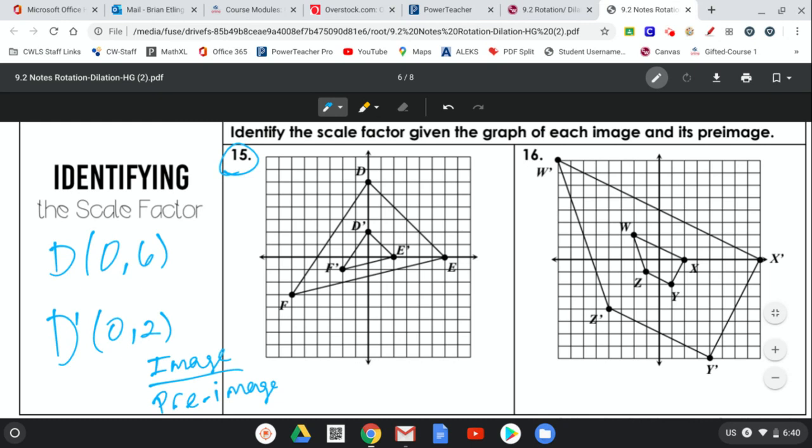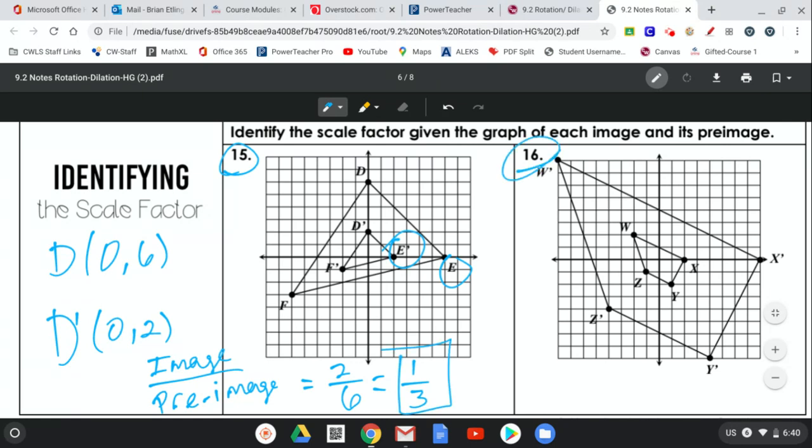In this case, we are going to do 2/6, and that's going to reduce down to 1/3. Same thing if we're looking at E. Guys, you could pick any; you could pick E. Again, it's still going to simplify down to 1/3.